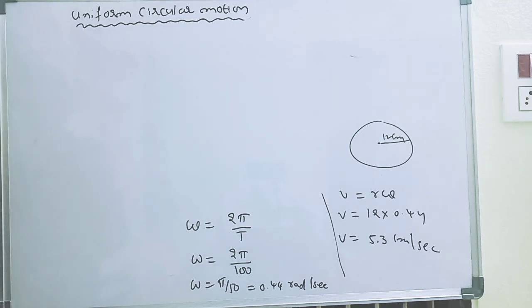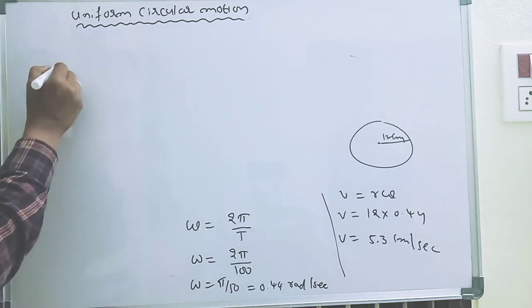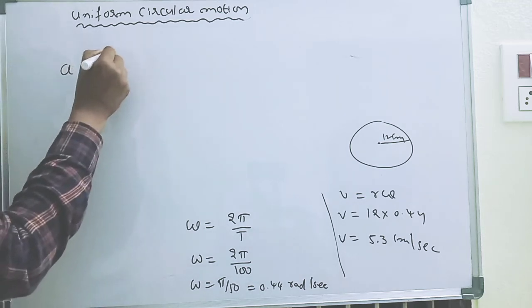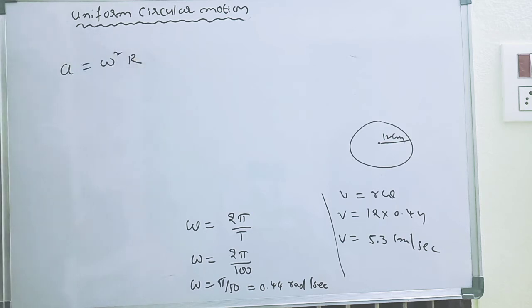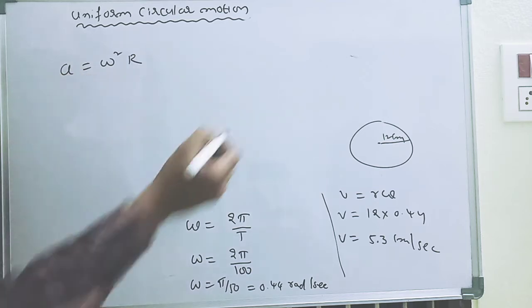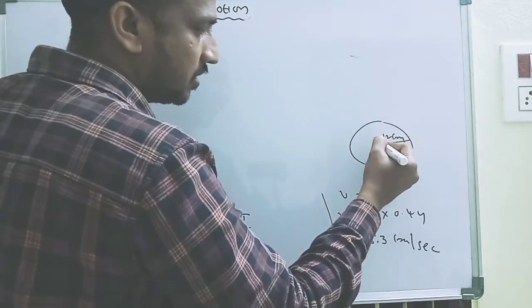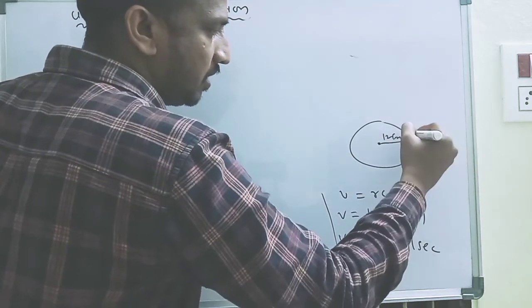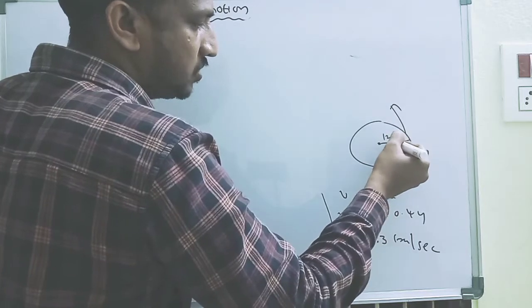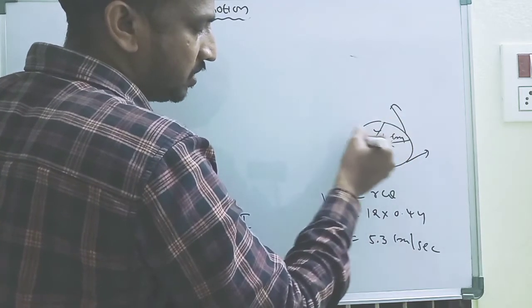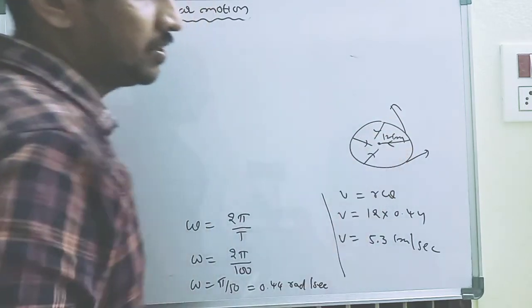First of all, A is equal to the formula omega square into R. A is equal to R omega square. This is the acceleration, nothing but centripetal acceleration. Why? Because velocity changes and acceleration is towards the center.